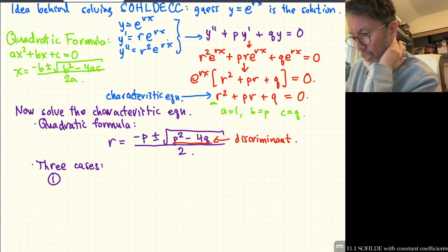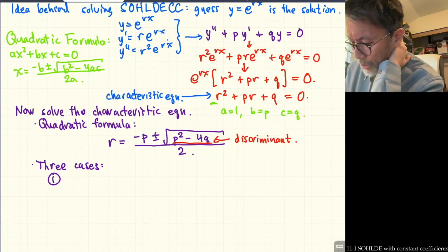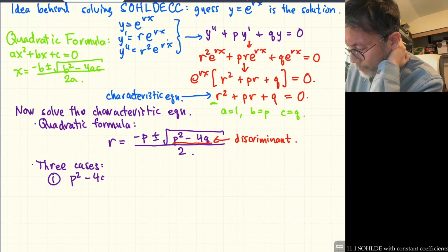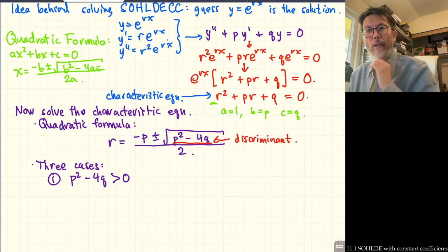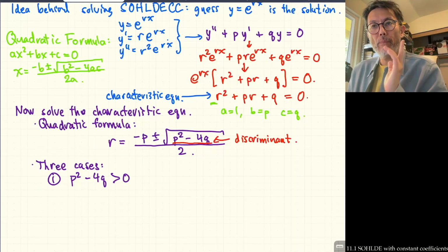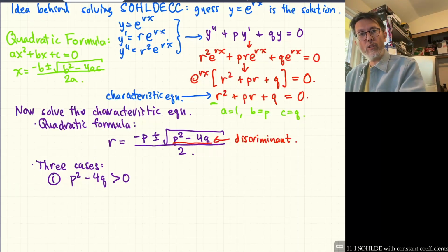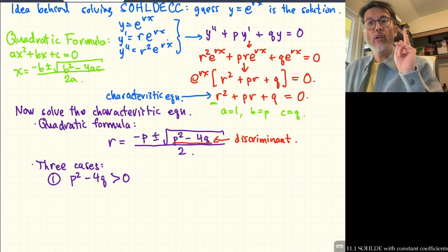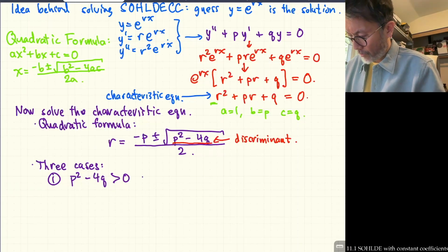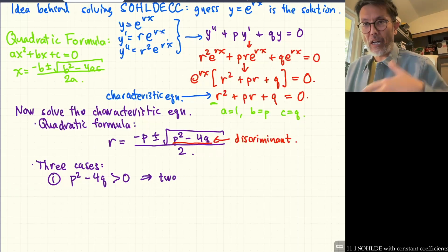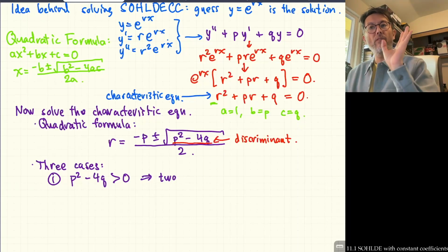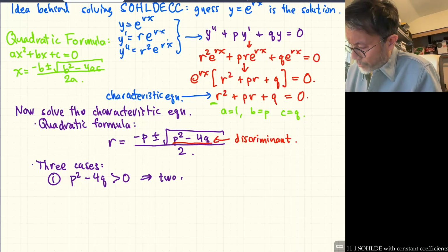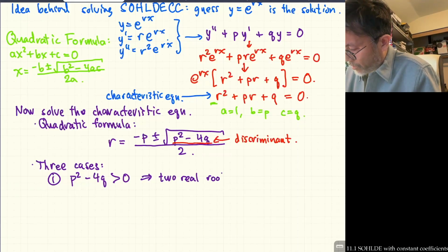The first situation is when p squared minus 4q is strictly positive. If p squared minus 4q is strictly positive, then the quadratic formula generates for you 2 different roots. And I should say 2 different real valued roots.